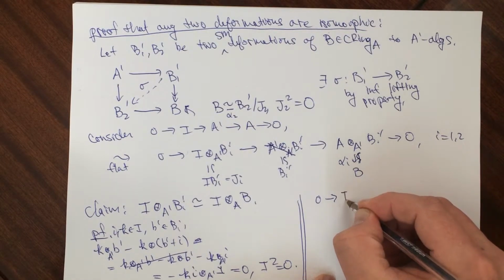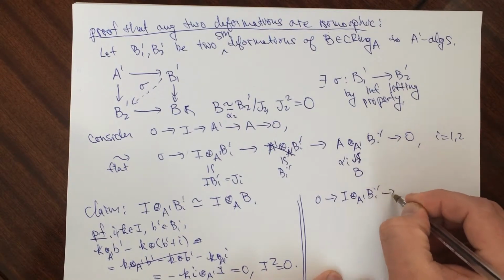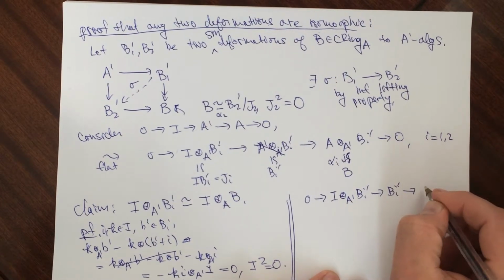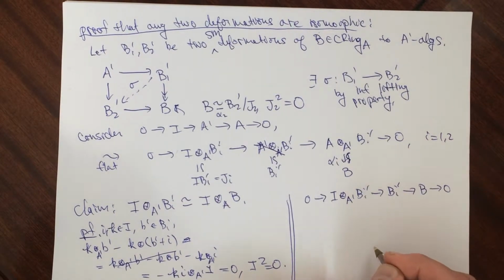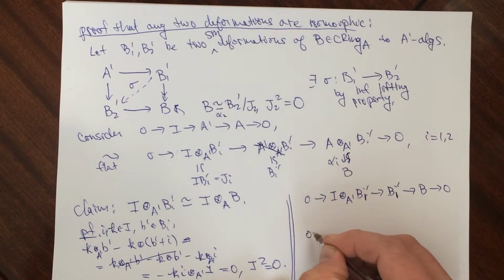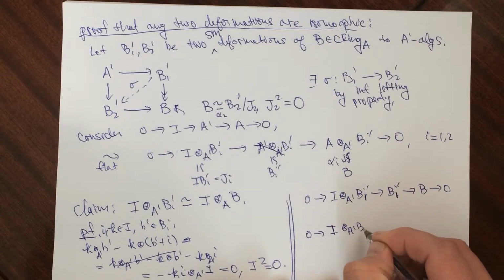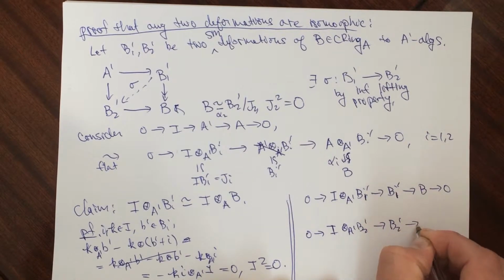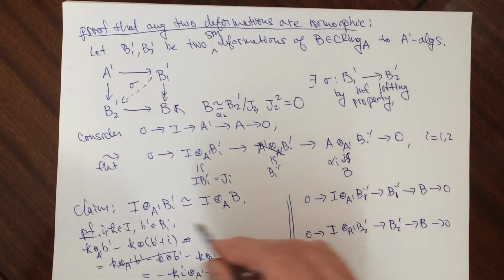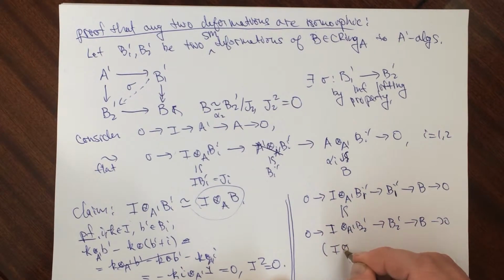We have the two sequences: 0, I tensor A prime B1 prime, to B1 prime, to B, to 0, and then 0, I tensor A prime B2 prime, to B2 prime, to B, to 0. And here, by the claim, these two things are isomorphic, and these are both just I tensor A over B.